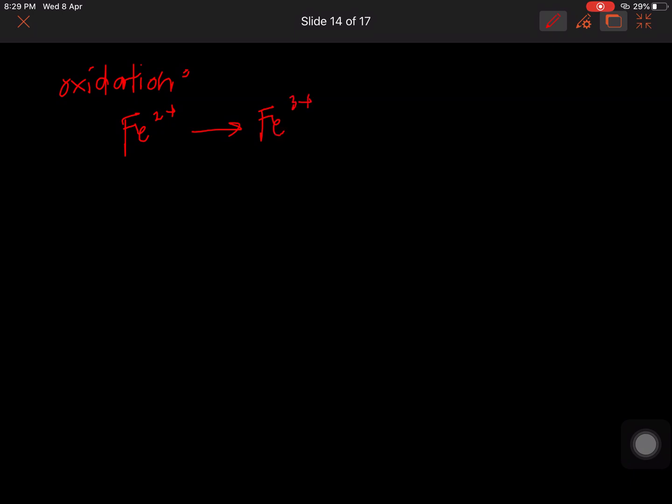Oxidation means loss of electron, so you should plus electron here. Okay, while for reduction, since you have bromine water is Br2, then reduction is gain electron. This one donate electron.